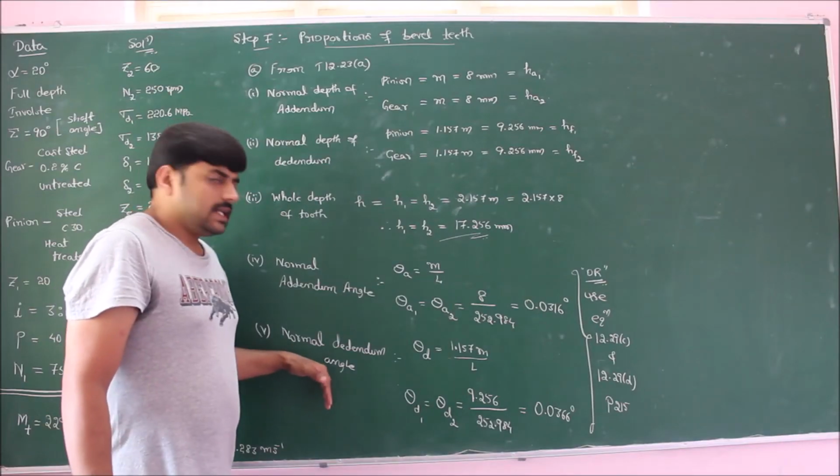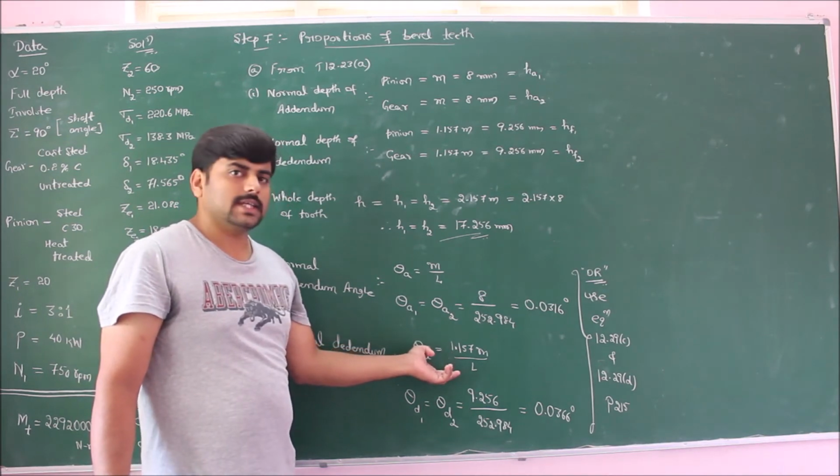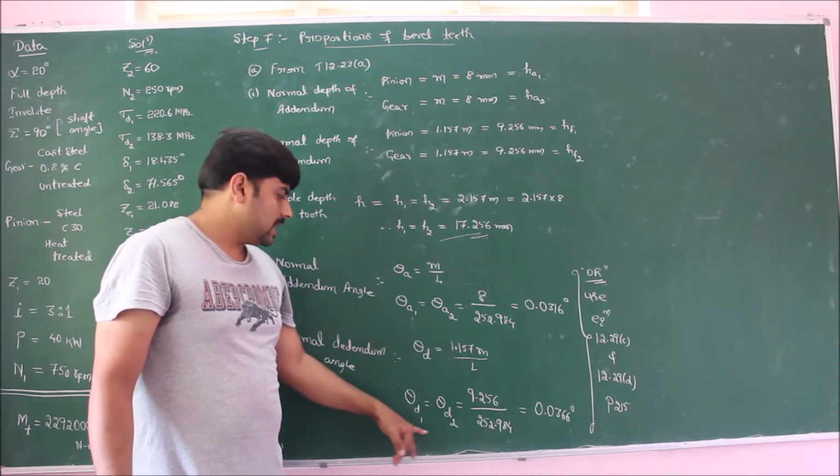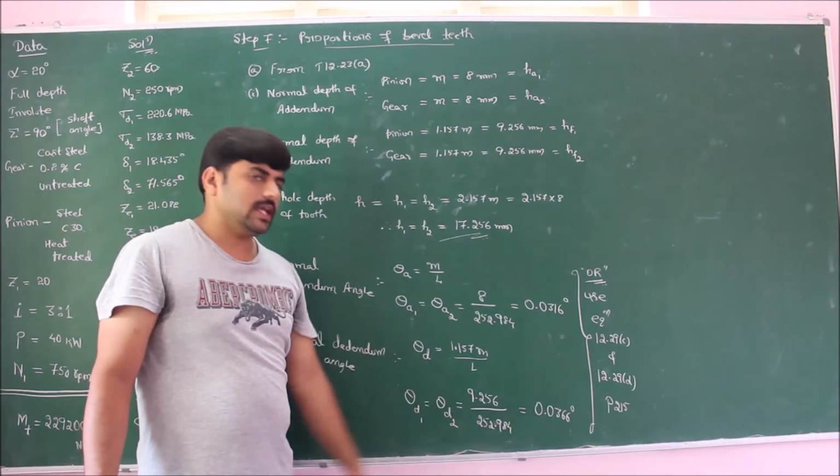Coming to normal dedendum angle, we have the equation given by 1.157 m by L. Substituting the values, I will get the normal dedendum angle for both pinion and gear, which are equal.